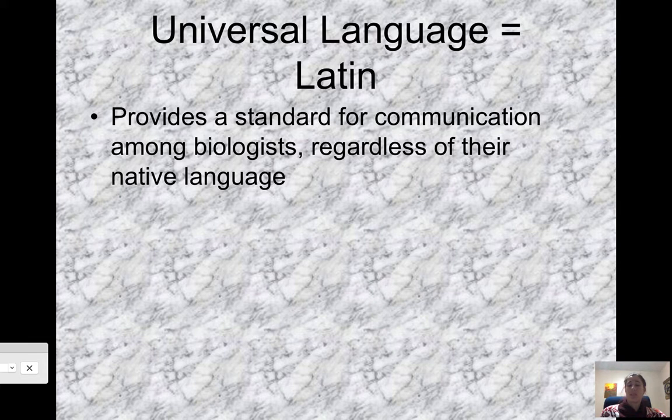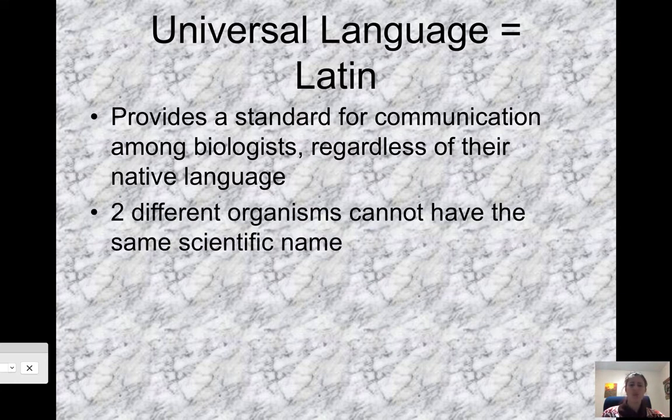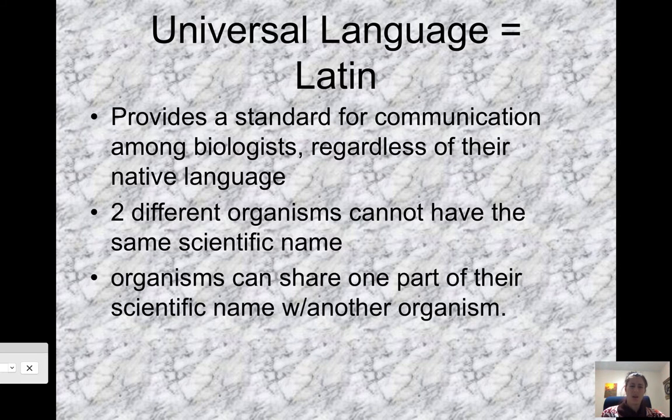Our universal language is Latin, and it's a standard for communication because it's what we like to call a dead language, because it doesn't change over time. We can give every organism a different name, so you won't have any organisms with the same two Latin names.